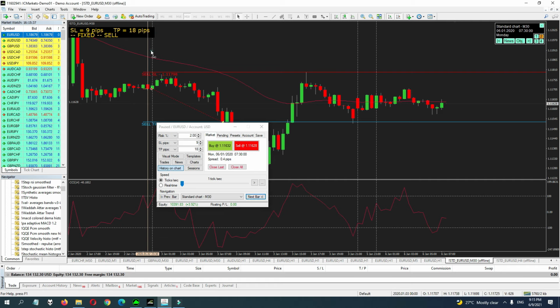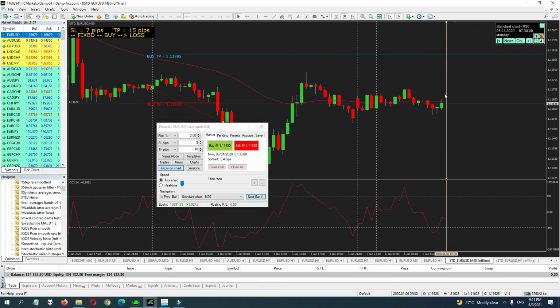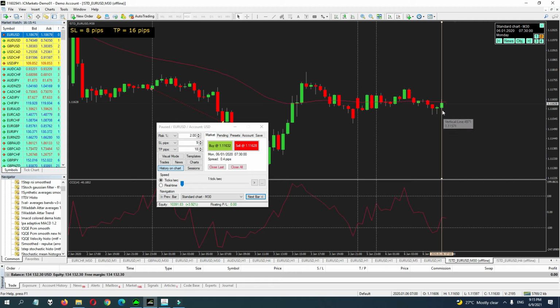Okay, so here we cannot enter because the price is below 50 EMA. Basically for buy, you want the CCI to go from below negative 100 to above that, and you want the price to be above the 50 EMA for the first time.